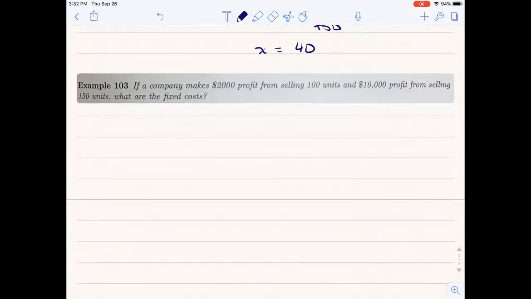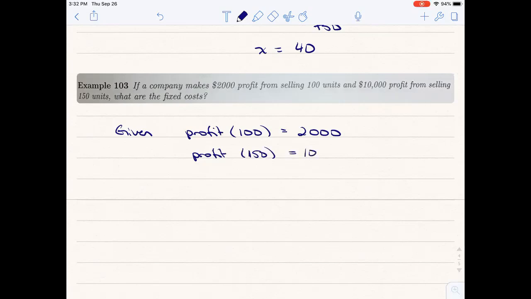And so we're given that the profit at 100 units is 2,000, and the profit at 150 is 10,000.